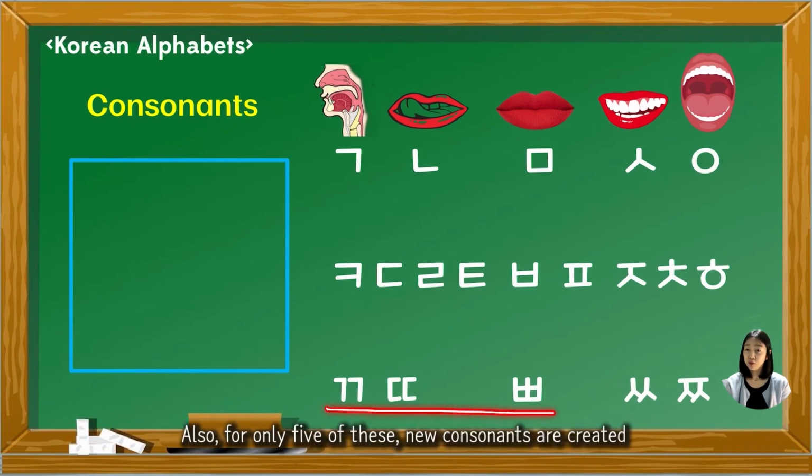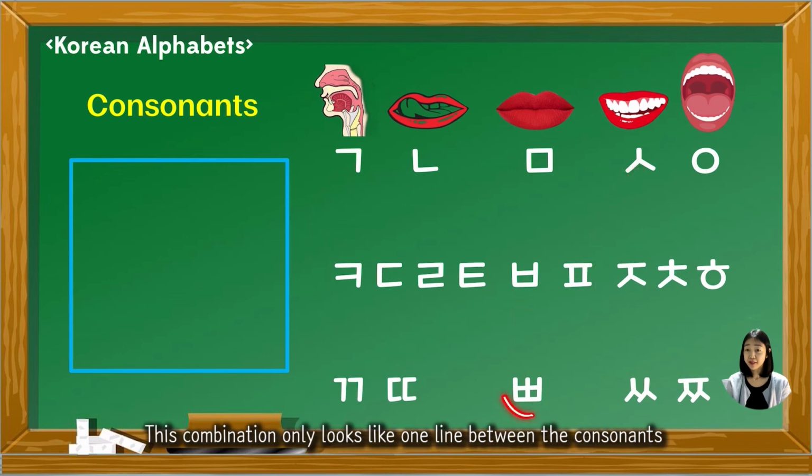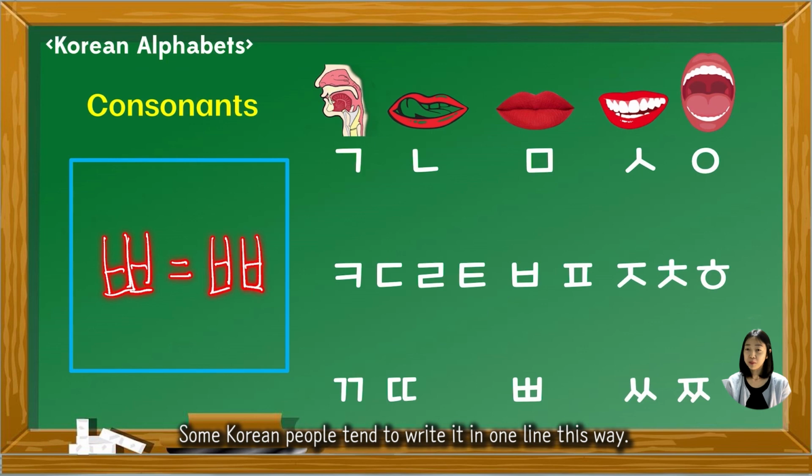Also, for only 5 of these, new consonants are created by adding the same consonants to the consonants as twins. This combination only looks like one line between the consonants since the lines are so close, and in fact, there are 2 lines. Some Korean people tend to write it in one line this way.